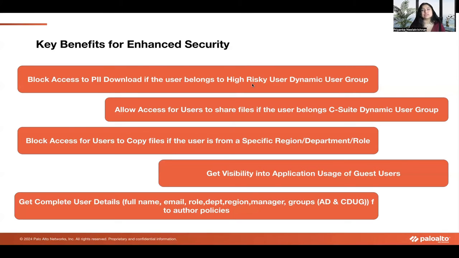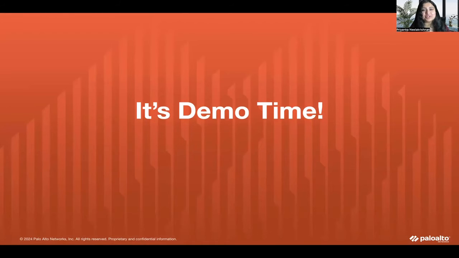Basically, it enables us to create user attribute-based policies. And that policy, if authored on SaaS Inline, can be implemented across various control points like firewalls, Prisma Access, and VMs. It's demo time. Let me show you how it is done.